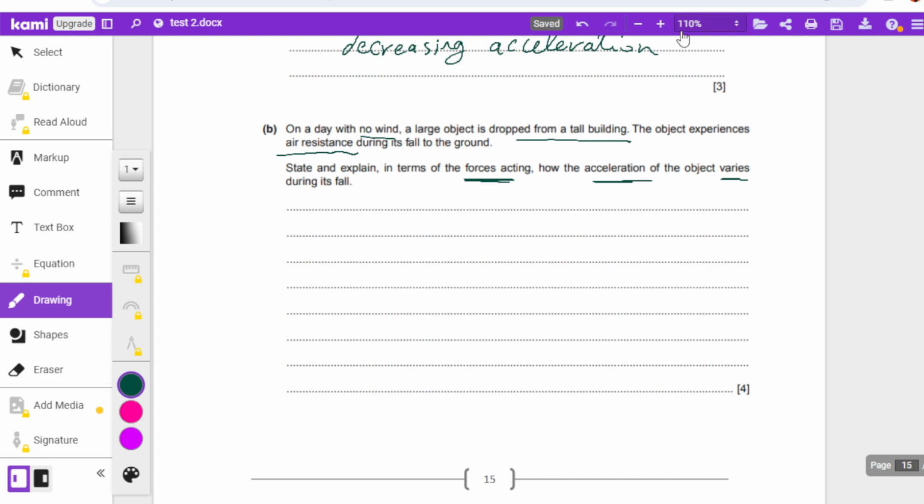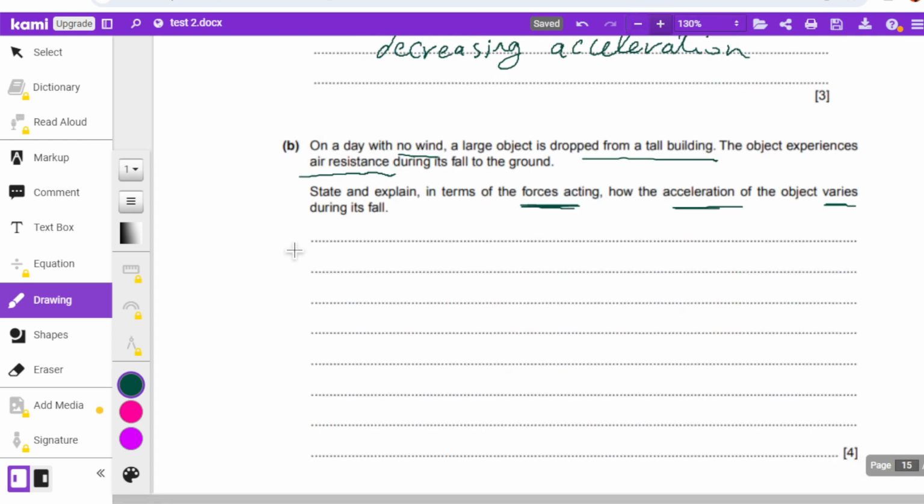So you will start with, at the beginning, the only force acting on the object is weight.